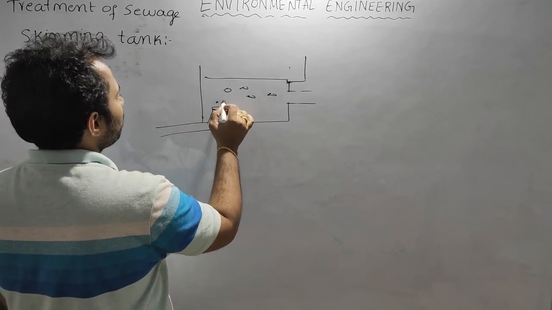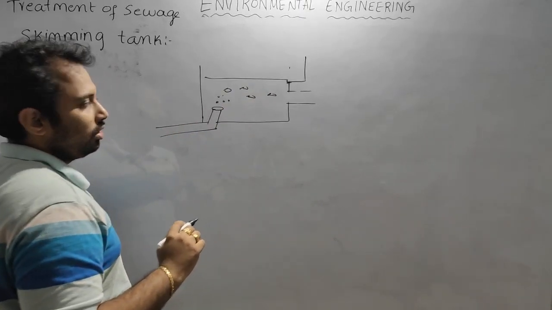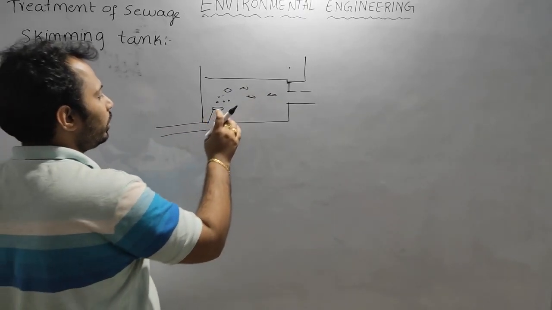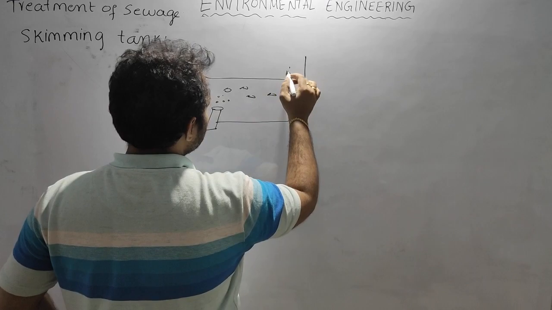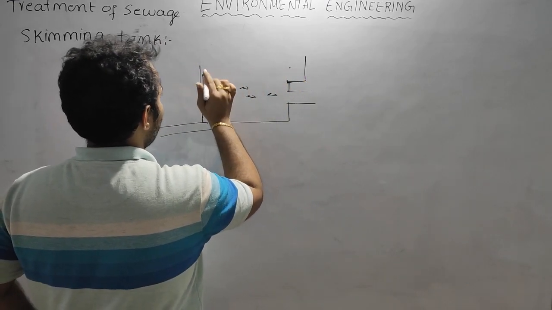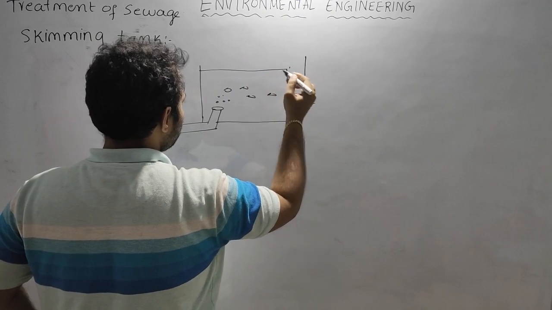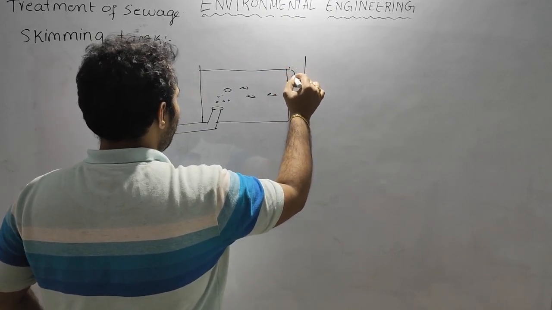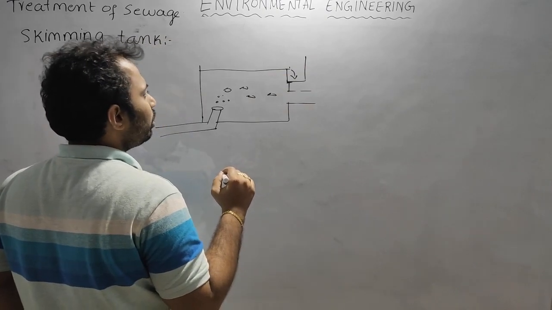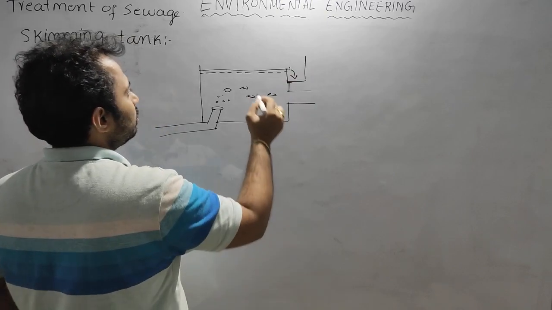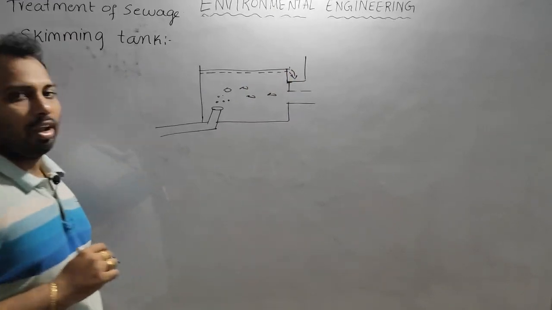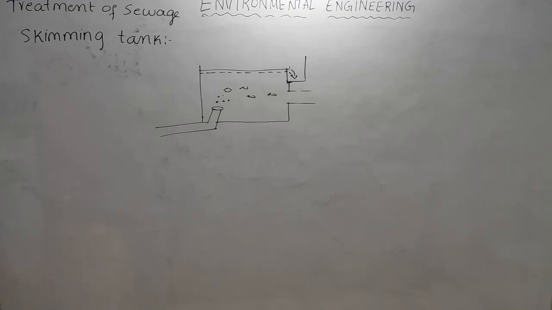We send air bubbles into the tank, and these air bubbles will collect the oil and greases present in the water. That oil and grease we collect into a chamber. The oil and grease which take the top layer will fall down into this chamber. In this way we generally remove the oil and greases inside the water.